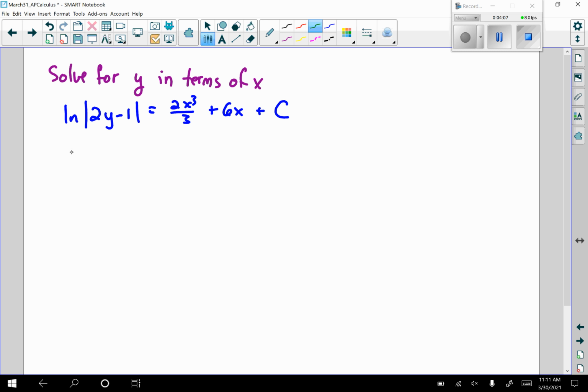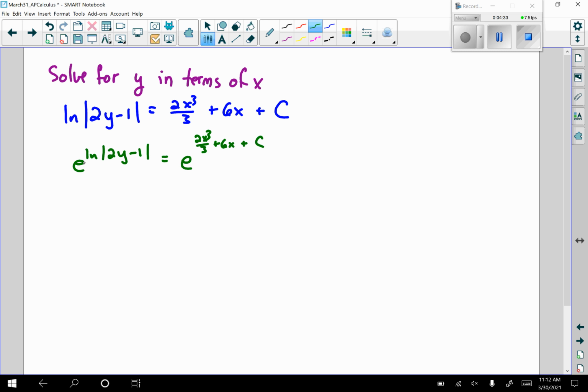What I'm going to do is, we could take e as a base to both sides. So we're going to say e to the natural log of the absolute value of 2y minus 1. I was going to say we could also rewrite this as log base e. That's another way to look at it. And then we're going to have e to the 2x cubed over 3 plus 6x plus c.